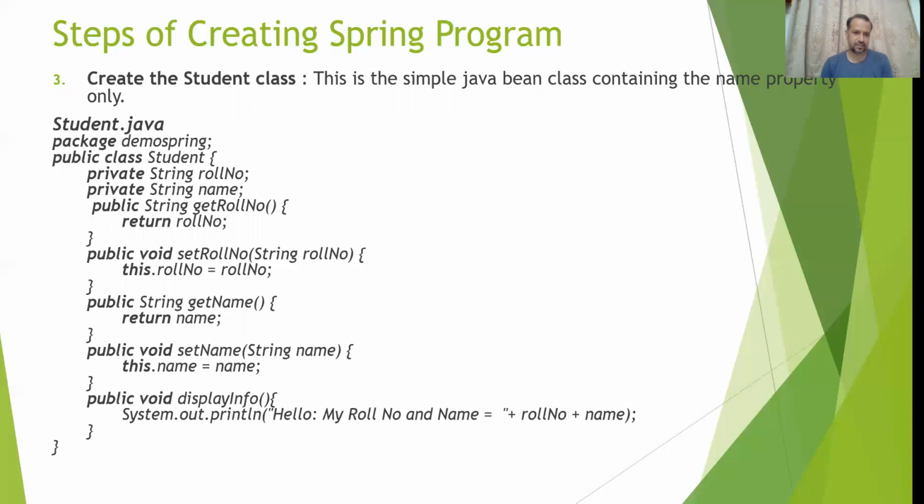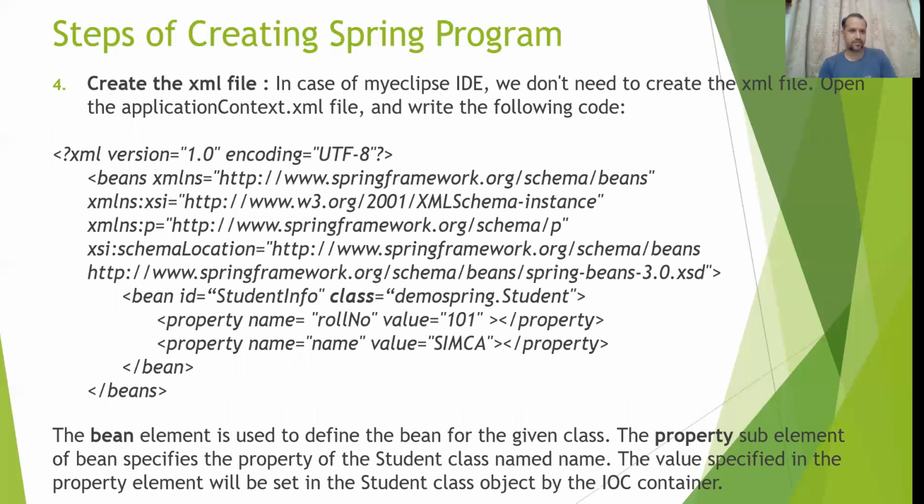One additional method I have created displays the information of a particular student. Whatever information I want, I can print the roll number and name. Now after that, create the XML file.